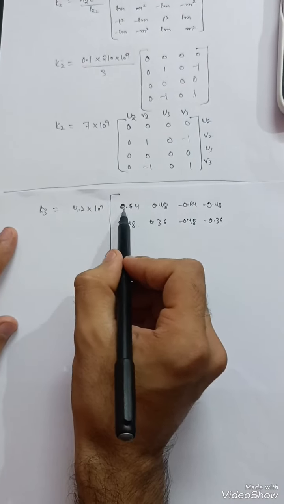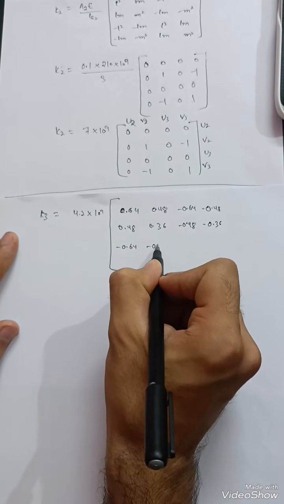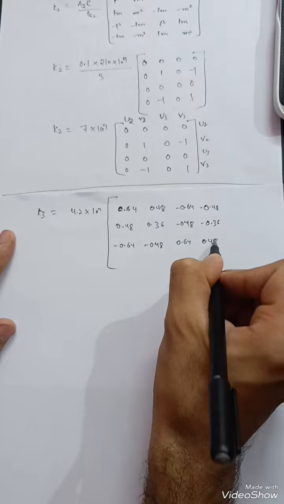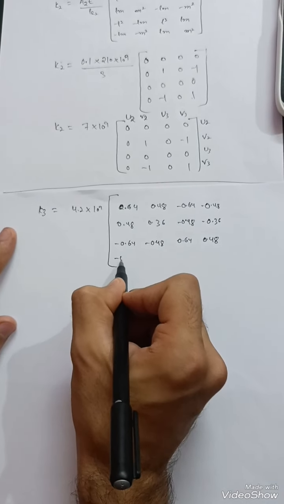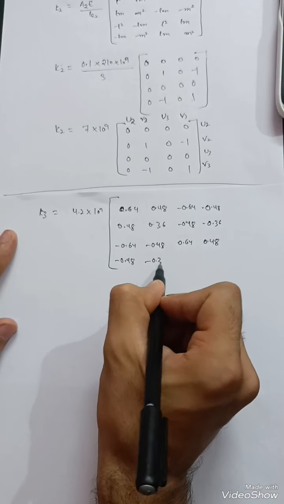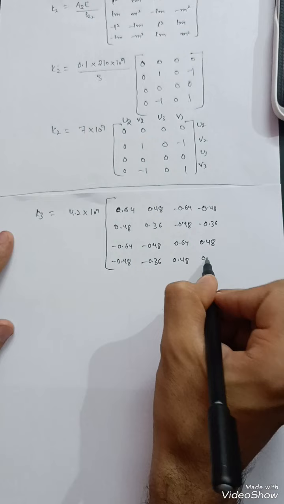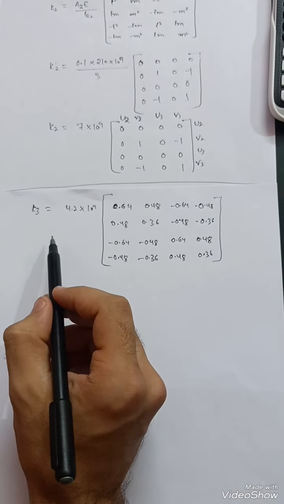So directly change the values of these terms over here, that is minus 0.64, minus 0.48, plus 0.64, plus 0.48. Then write these positive terms as negative in the fourth row, that is minus 0.48, minus 0.36, and these negative as positive, so 0.48 and 0.36. So this is your third stiffness matrix for the third element.